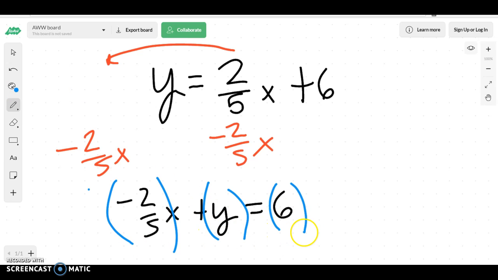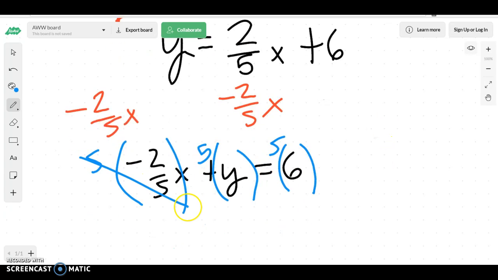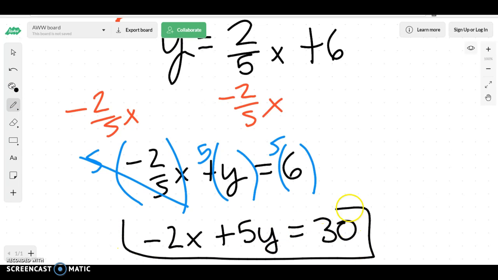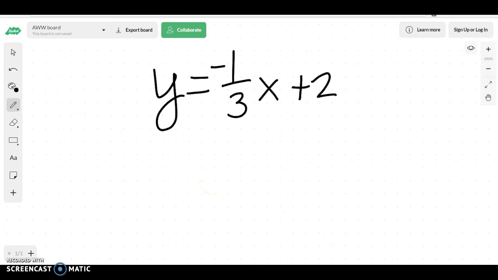So how I get rid of a fraction is by multiplying all the numbers by that denominator. So what I'm going to end up getting is negative 2x plus 5y is equal to 30. And that should be my answer in standard form. Again, we want the x and y on the same side, and then to get rid of the fraction, we want to multiply by the denominator.